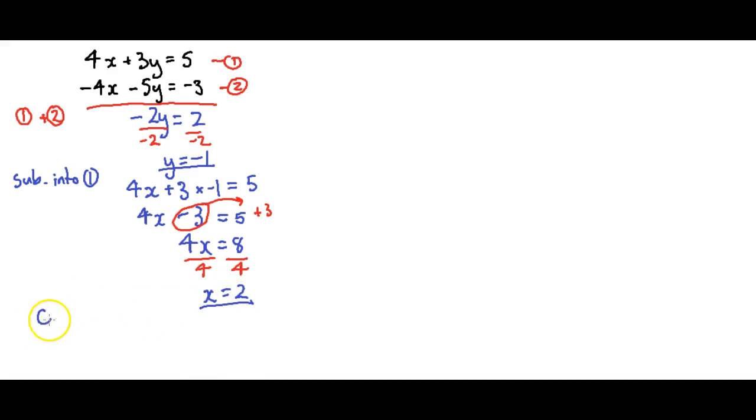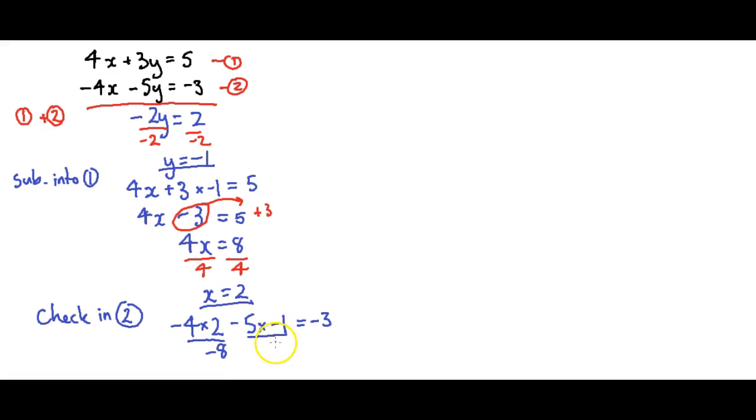Now again, I can check my solution. In the equation I didn't use, I used equation 1 there, so I've got to use equation 2 to check. So equation 2 is negative 4 times x, I believe x is 2, minus 5 times y, I believe y is minus 1, and that should come out to negative 3. Do the multipliers first. That's negative 8.